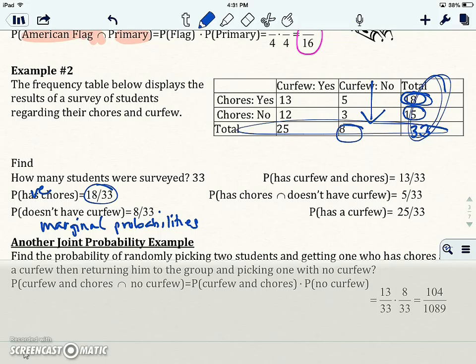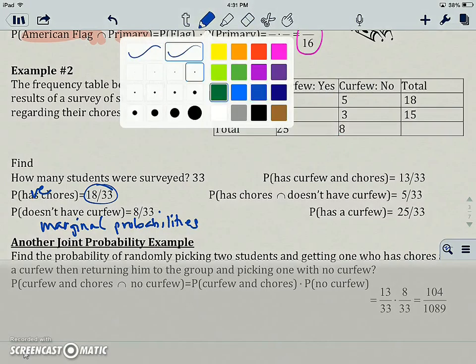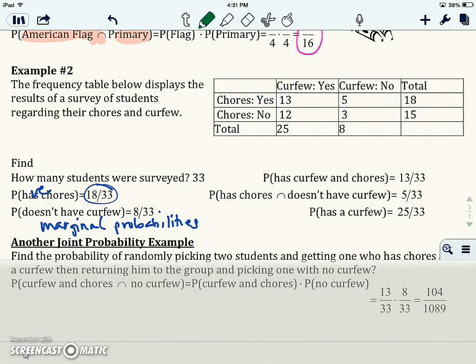If we have some compound probabilities, now we're going to use the inner part of the table. So, has a curfew and has chores. Well, yes, they have chores. Yes, they have a curfew. That is 13 out of all 33 kids. Has chores and doesn't have a curfew.